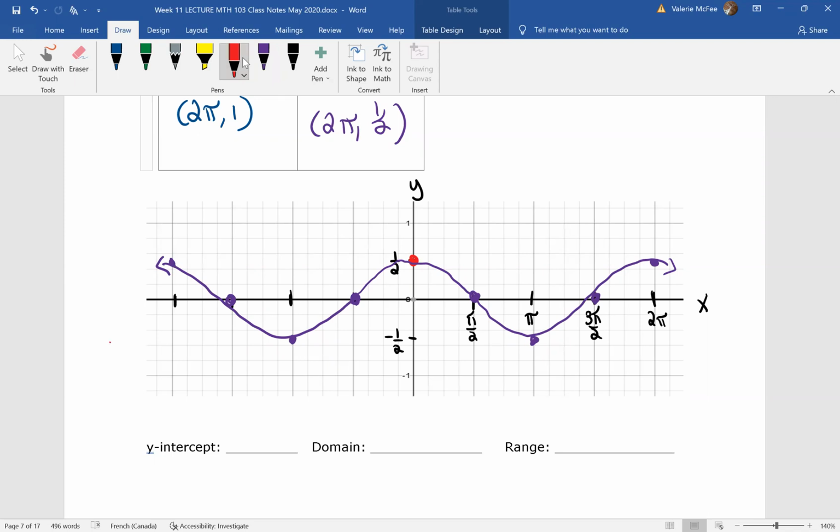So notice that when a is not equal to 1, the y-intercept changes because we're multiplying our y value by a. The domain is still the same, but the range has changed. From -1/2 to +1/2.